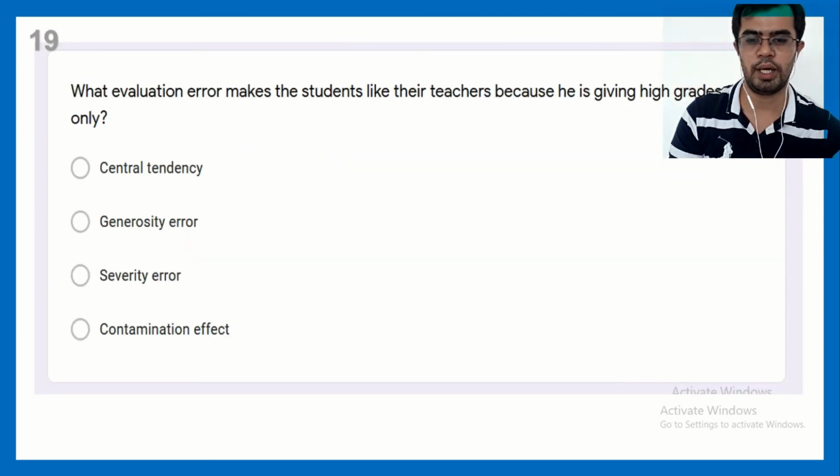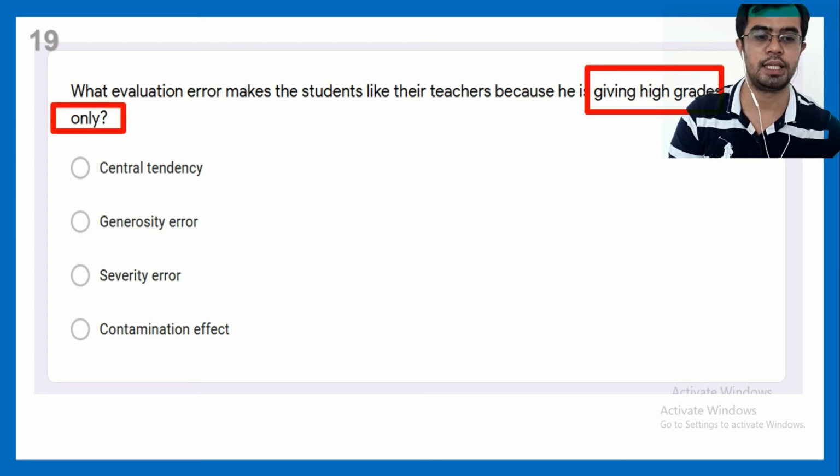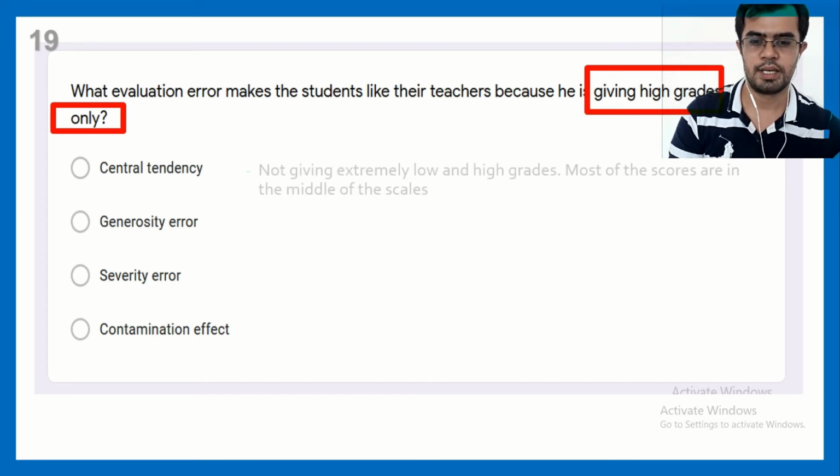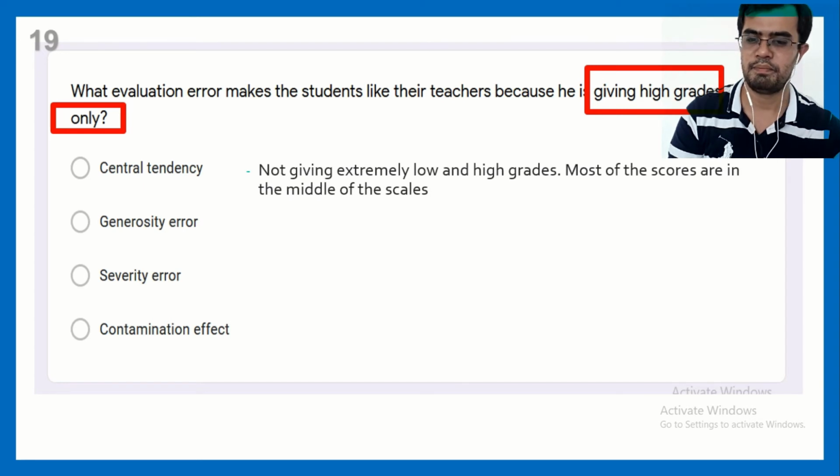Number 19. What evaluation error makes the students like their teachers because he is giving high grades only? Our keyword is giving high grades only. Let us define our options first. Central tendency means not giving extremely low or high grades.